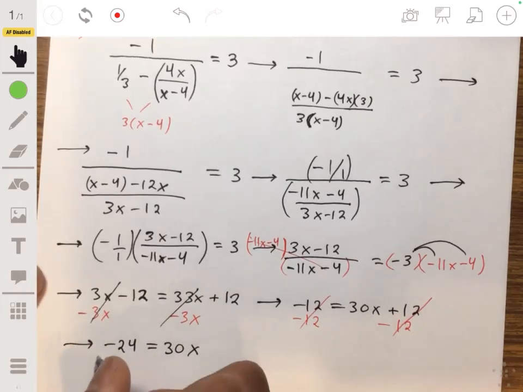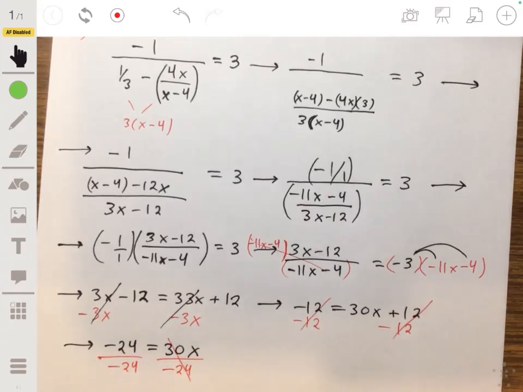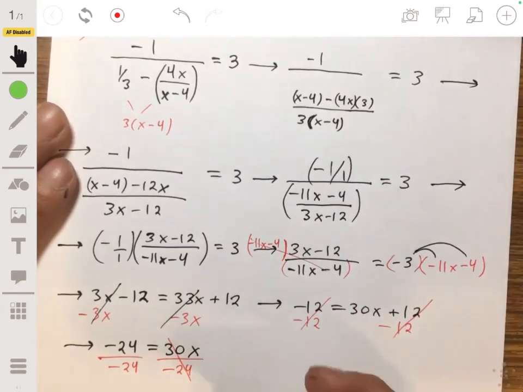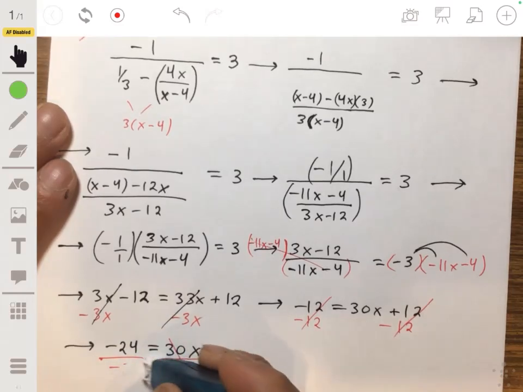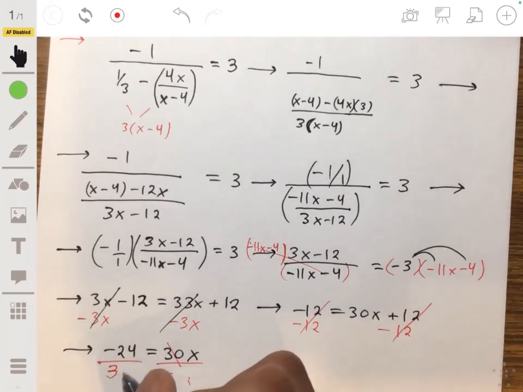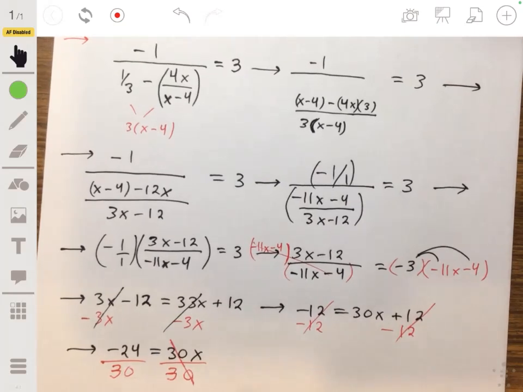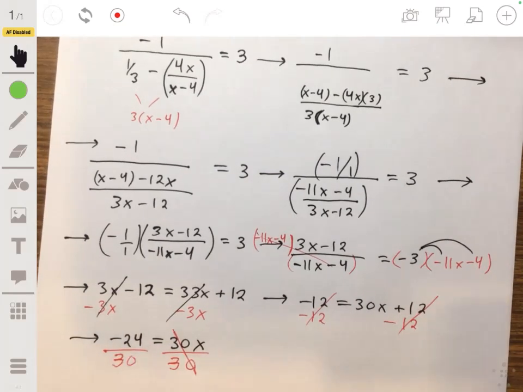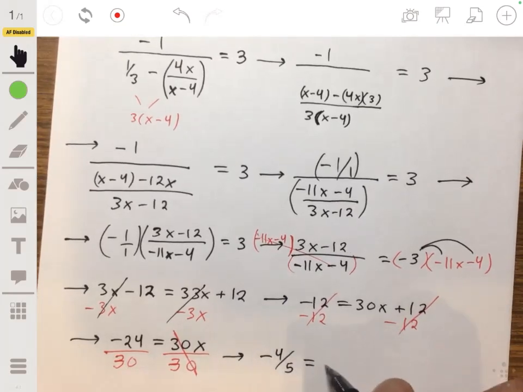And then we divide by negative 24. Oh, no, sorry. Whoops, I'm not dividing by negative 24. Just kidding. Dividing by 30 is what I meant to write. Then we'll get this simplified as negative 4/5 equal to x.